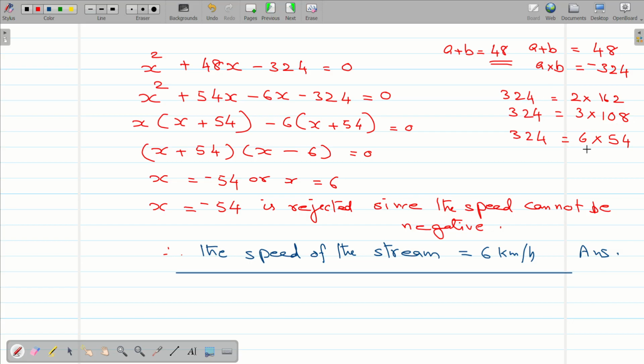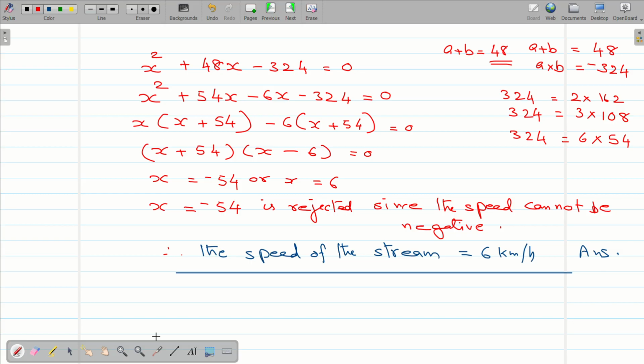Now 6 is a factor of 324. 324 is equal to 6 into 54. The difference is 48. So these are the factors. I am going to put 54x minus 6x. That will give you 48.